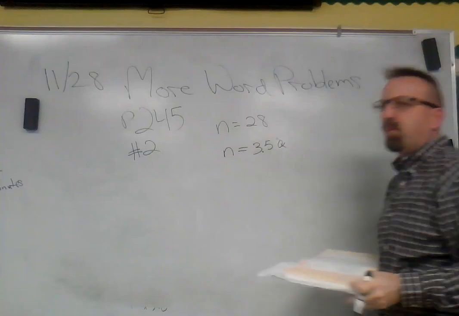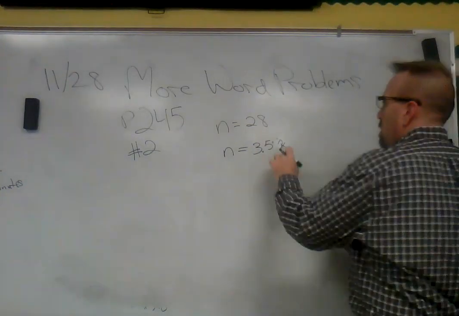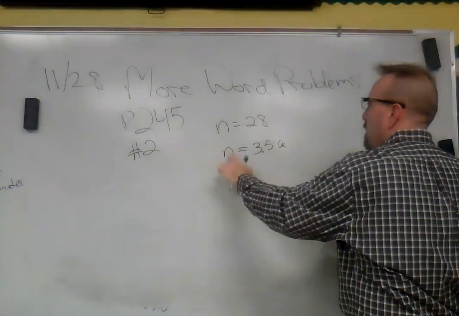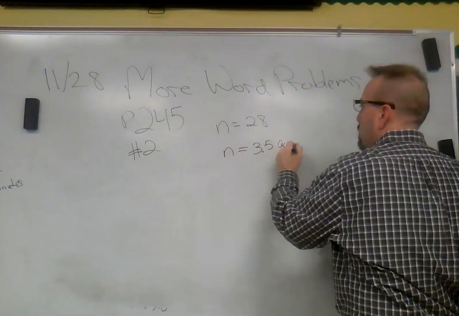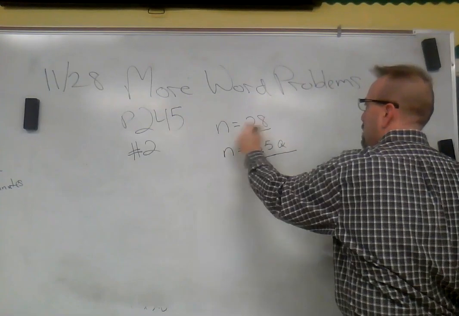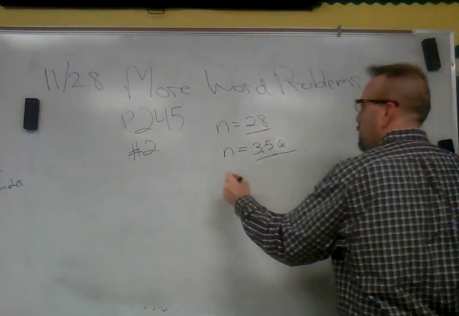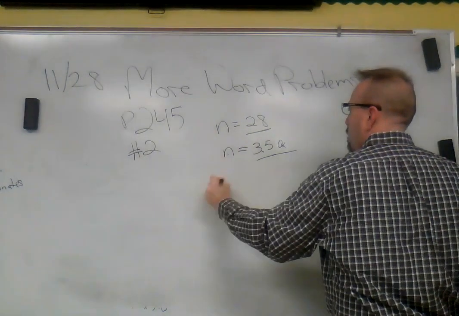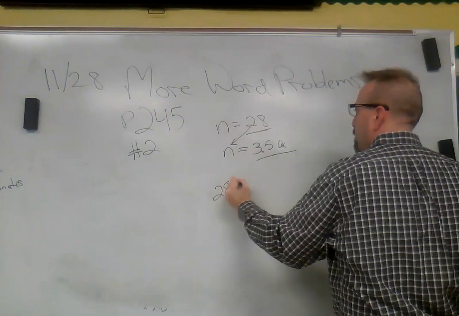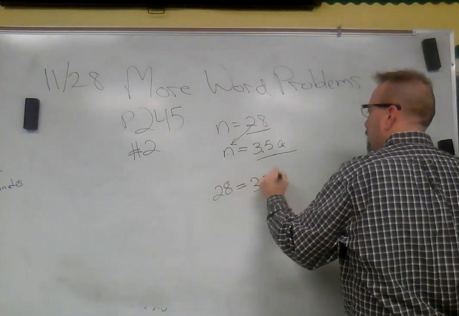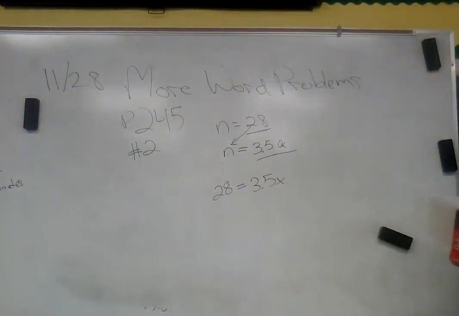Both of these are equal to N. So what do we know about this and this thing? If they're both equal to nickel, they're going to be equal to each other. So in place of nickel, we could put 28. So 28 is equal to 3.5 times, I'm just going to change that to X for oxygen.